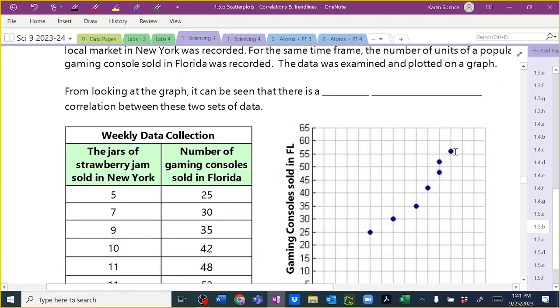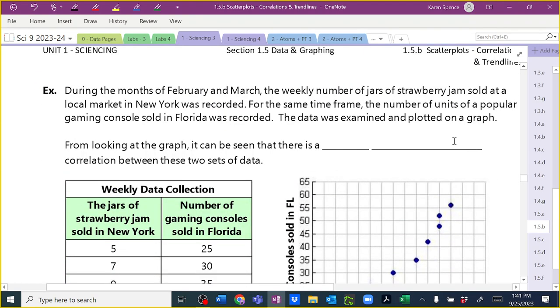So here is an example. During the months of February and March, the weekly number of jars of strawberry jam sold at a local market in New York was recorded. For the same time frame, the number of units of a popular gaming console sold in Florida was recorded. The data was examined and plotted on a graph.